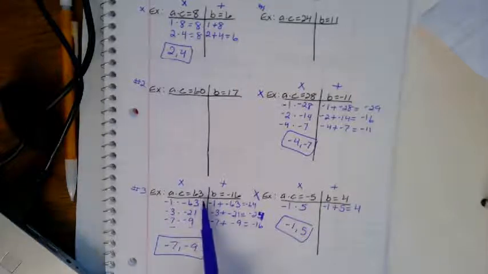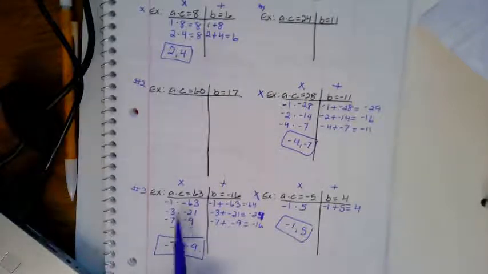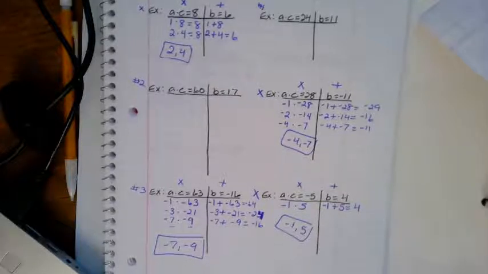Nothing multiplies with that 2 to get that. So that's why I jumped to 3. So you're just starting with 1 and going down your list until you find your numbers. And which number gets to your negative 16, and then that's your answer. Right, and then your answer would be those two numbers. So we use negative 7 and negative 9. Those two last numbers. Yep. Okay. Makes sense.